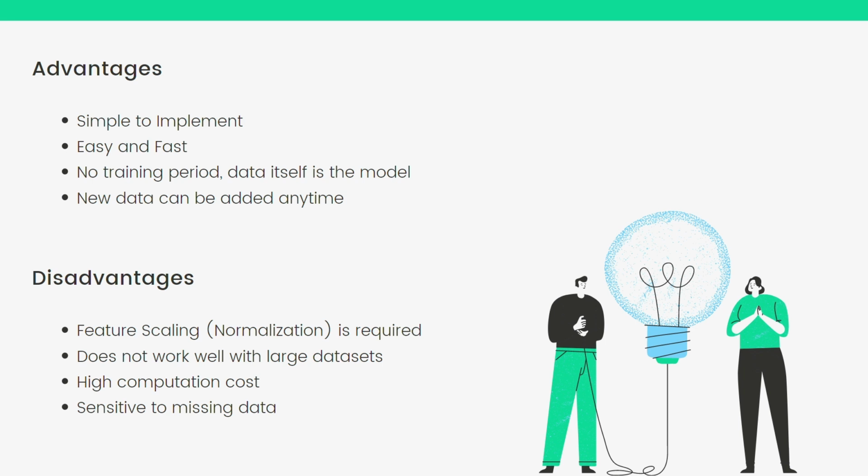So the computation cost is high. Whenever a new point is added, once again you have to generate the distances between that point and each and every existing point. So that makes the computation cost high. So these are the few disadvantages, and of course it is sensitive to missing data.